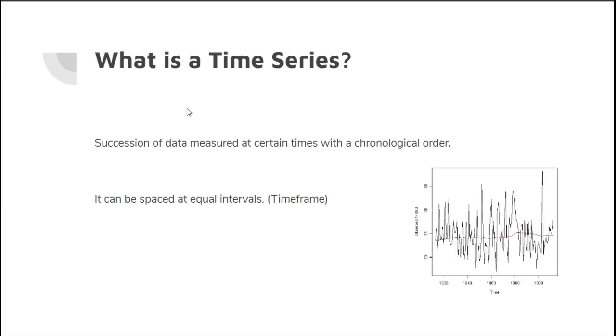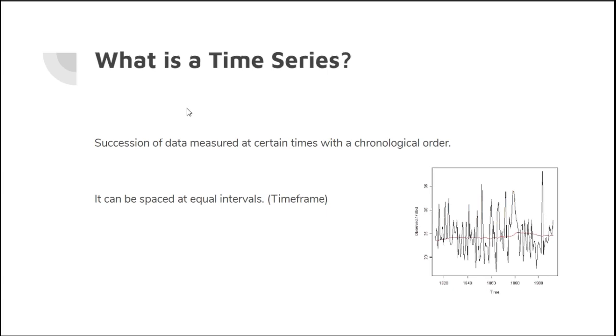So what is a time series? This is a succession of data measured at certain times with a chronological order. That means we have a succession of data of close prices, for example, measured at a certain period of time, having a from date and a to date, for example 2010 up to today, with a chronological order.